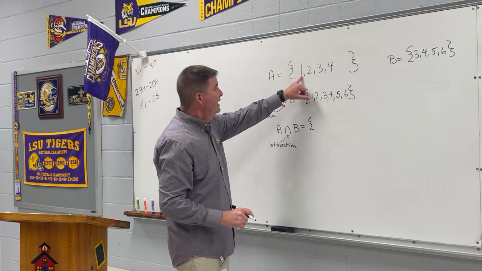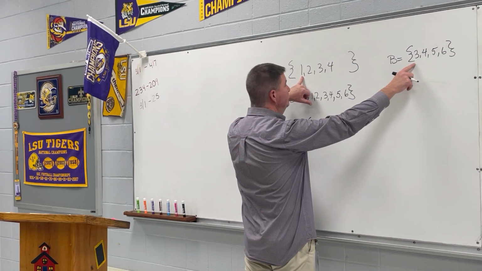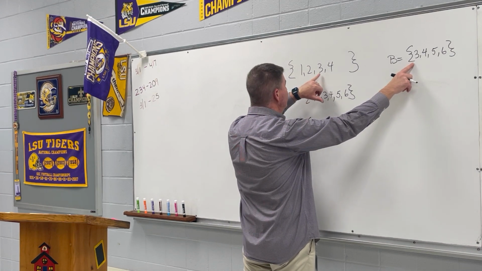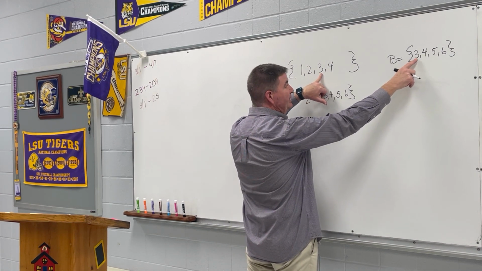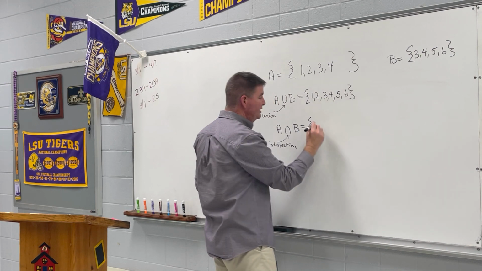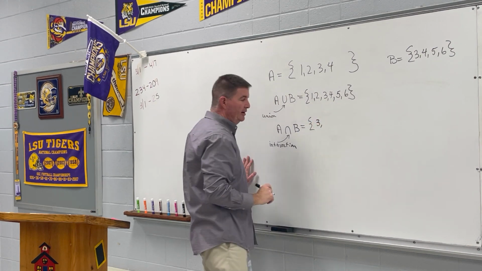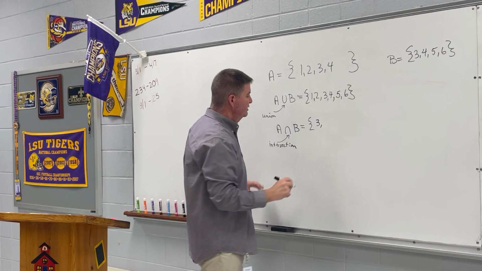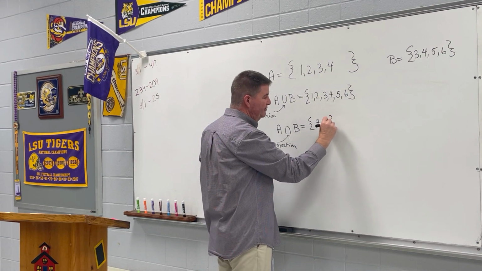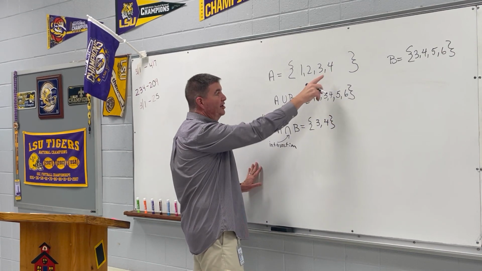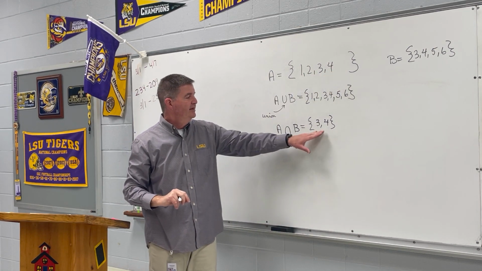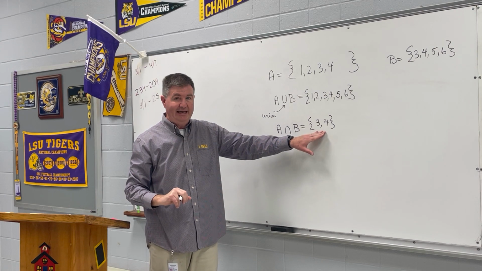Well, in set A, I have a 1, but no 1 in set B. In set A, I have a 2, but no 2 in set B. However, I have a 3, I also have a 3 in set B, so 3 would be part of the intersection. I have a 4, I also have a 4 in set B, so that would be part of the intersection. There are no more numbers in set A, so therefore this would be the intersection of A and B.